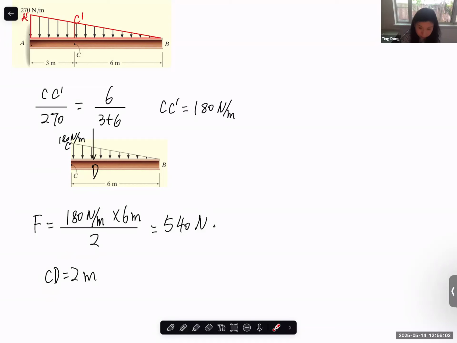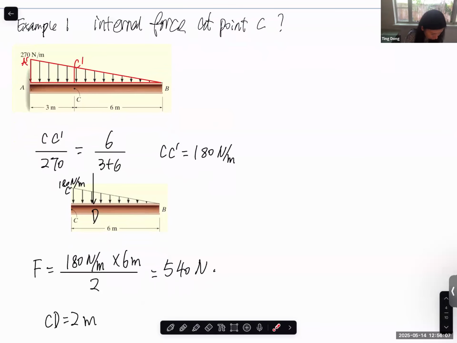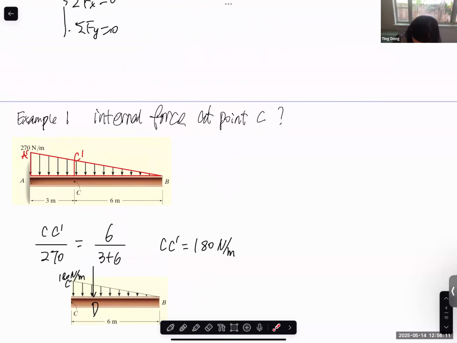Okay, so now we have the equivalent concentrated force. The next thing is to calculate the internal force. So on this cutting surface, let's make it clear.